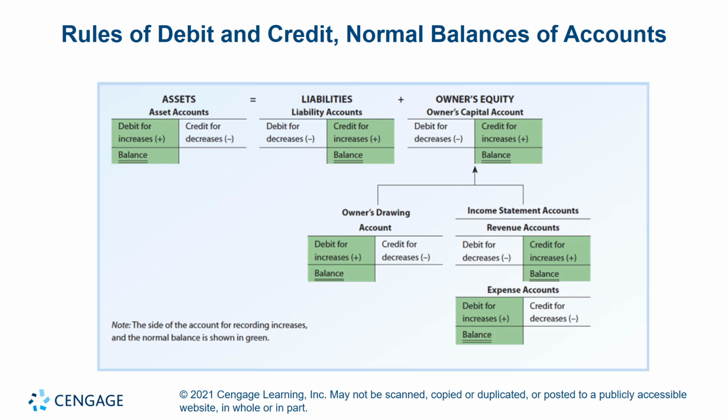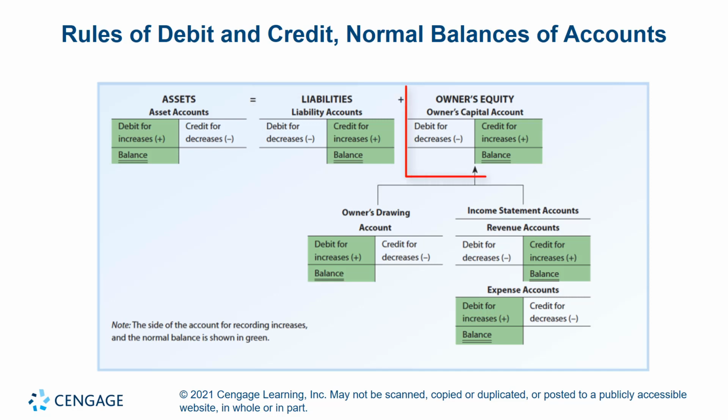For liability accounts, like accounts payable, the increase is on the credit side and the decrease on the debit side. So liabilities is the opposite of asset, just like accounts payable is the opposite of the asset accounts receivable.